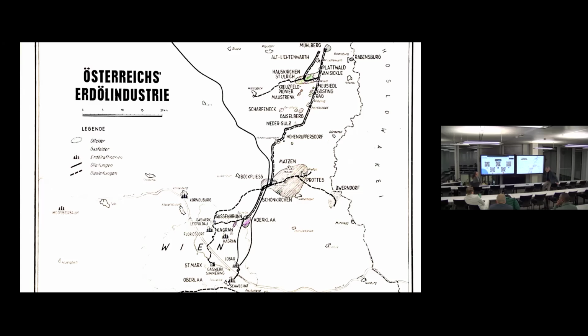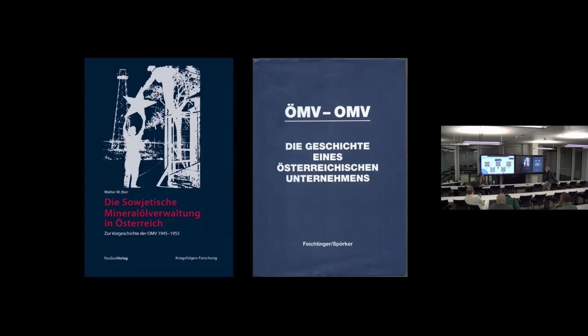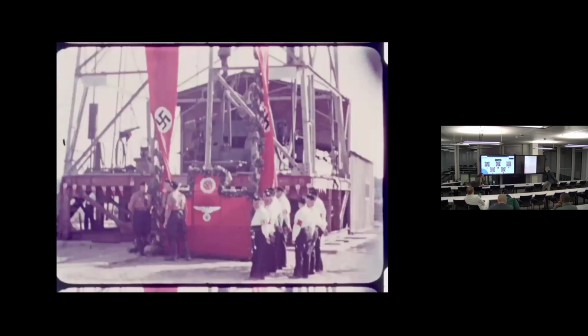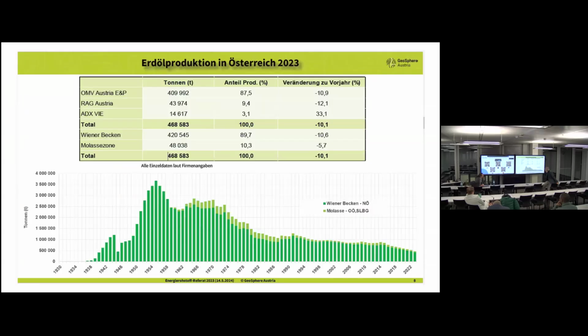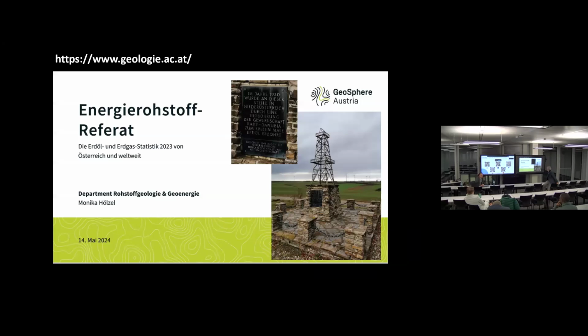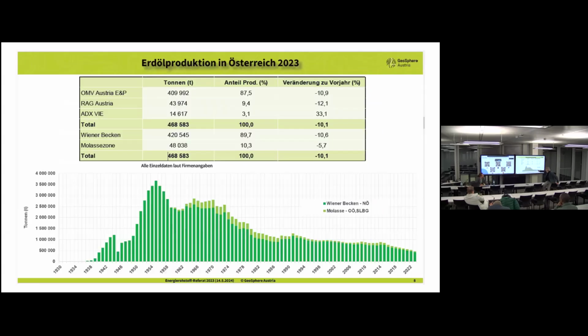If you go to one of these reports at the Geologische Bundesanstalt, they explain exactly how cleverly they try to drill the next small things to still make as much as before. It gets very difficult. Overall, the production goes down.